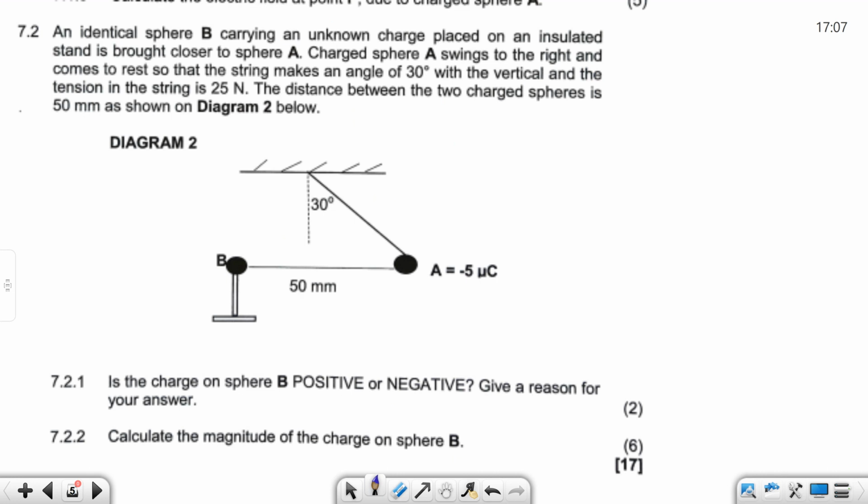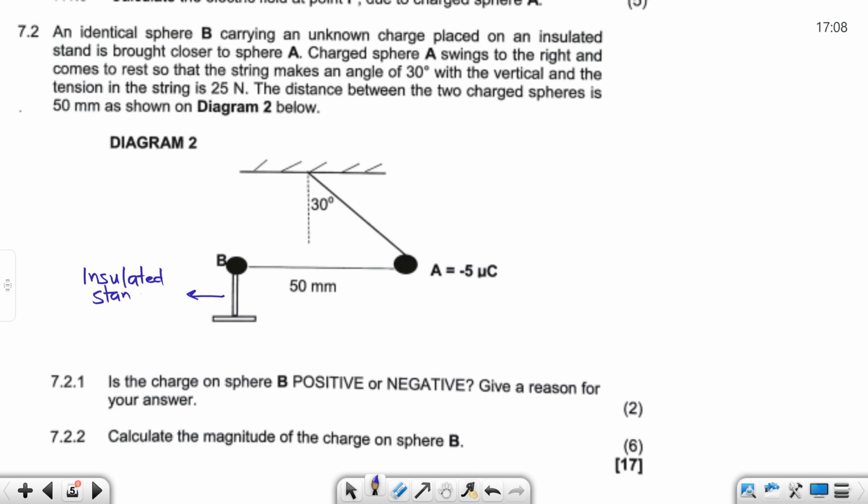Okay, that's fine. Now, the question then continues, giving us a string question now, going back to Newton's laws. An identical sphere B carrying an unknown charge placed on an insulated stand. I want to first talk about this insulated stand. It's a lovely question they would ask.